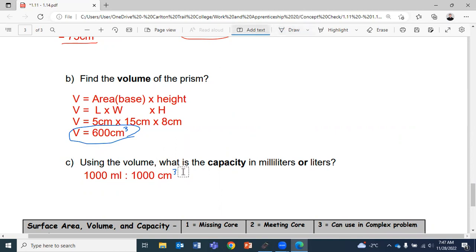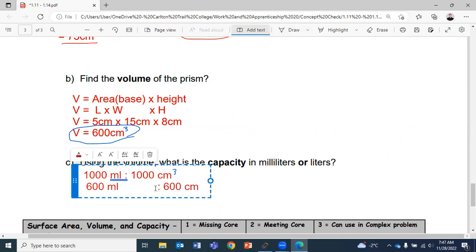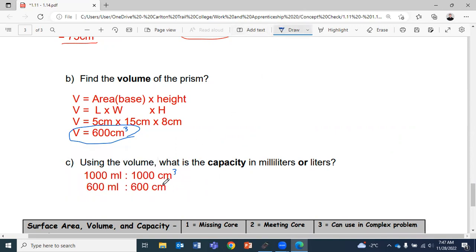So then that means if I have 600 centimeters cubed, isn't that the same thing as just 600 milliliters? So that would be my answer there.